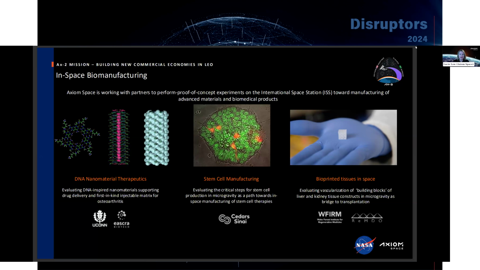I think everyone on the call probably appreciates by this point that crystals form differently in space. And so we plan as a company to be really embracing those opportunities and building those economies to then provide a platform that can manufacture these kinds of products at scale and then transform industries and technologies back down here on Earth. Next slide, please.